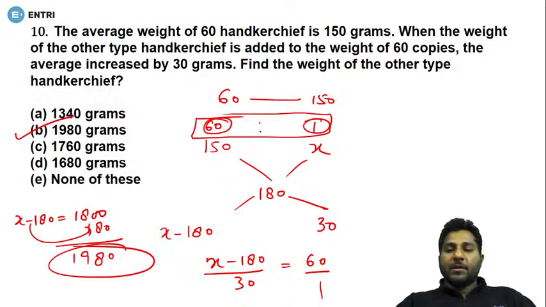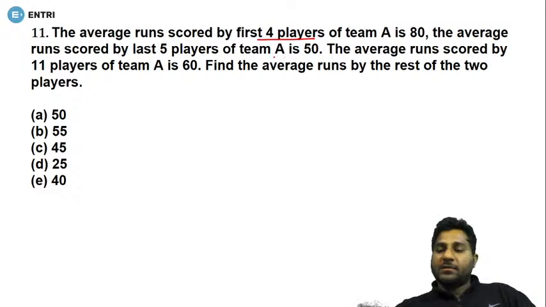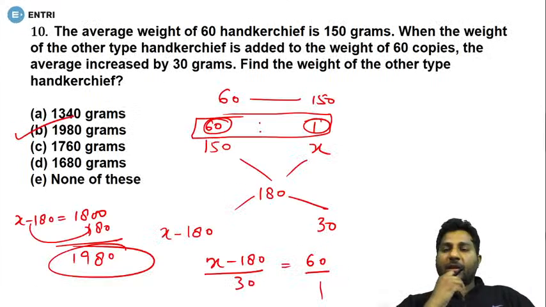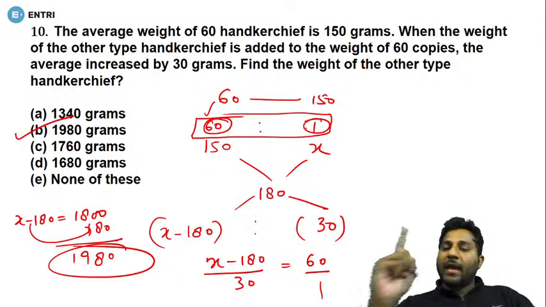Come on. Let's go to the next question. Now tell me, who is going to tell me the answer of this question? The average run scored by first 4 players. You don't need to use that. Look at this. You can use a simple ratio, and when you take the ratio, it has to be equal to 60 by 1, because earlier it was 60 handkerchiefs. Now we have added only one handkerchief.